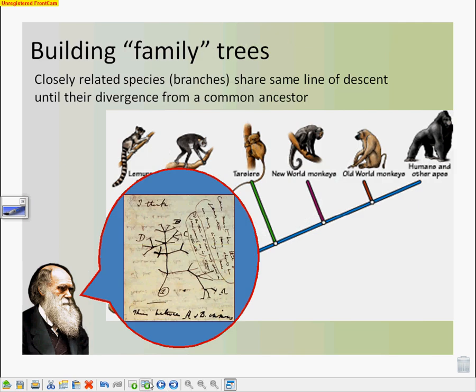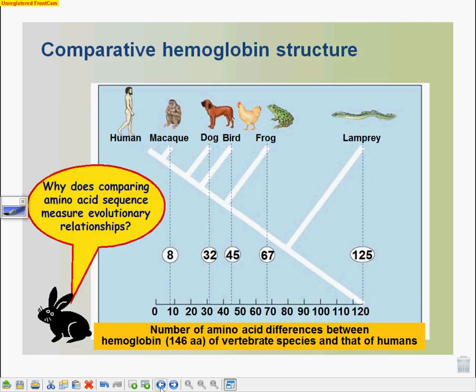What we'll begin to develop is something that looks like this. We call this a phylogenetic tree, and we start to give a numerical value to how many differences we see, and that helps us categorize who's more closely related to who. Now, it doesn't have to be exact, but it does give us a good indication of some evolutionary relationships.